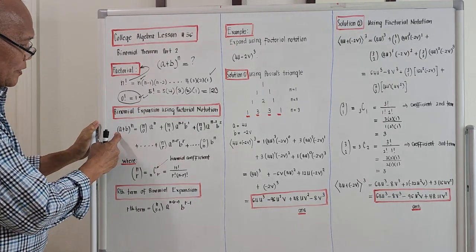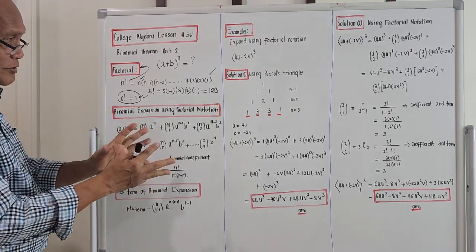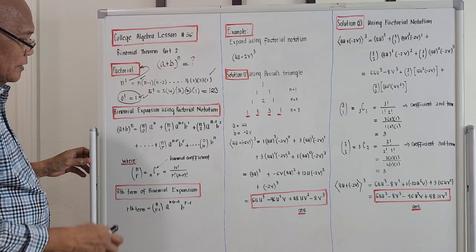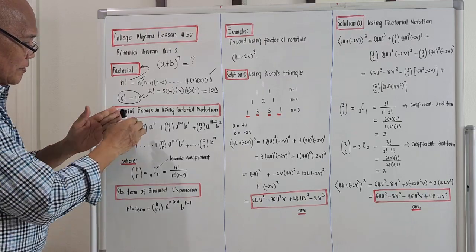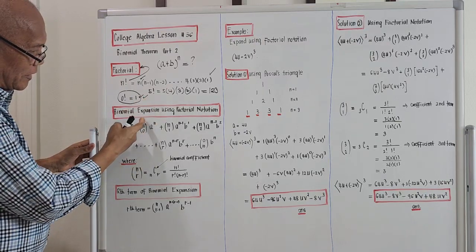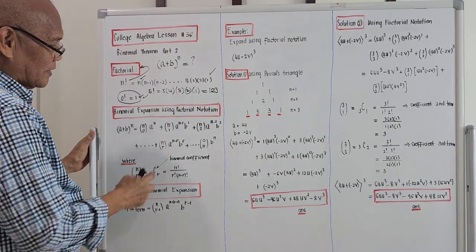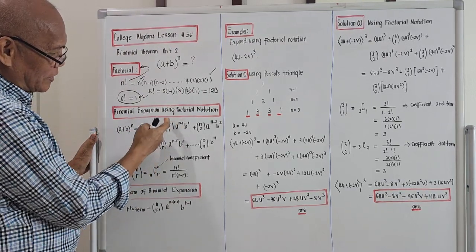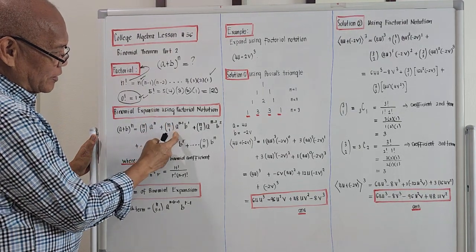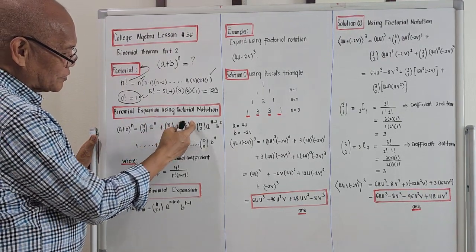The expansion of a plus b raised to n by using factorial notation should be open quantity, closed quantity, n 0 times a to the n, plus open quantity, closed quantity, n 1 times a raised to n minus 1 times b to the first power.